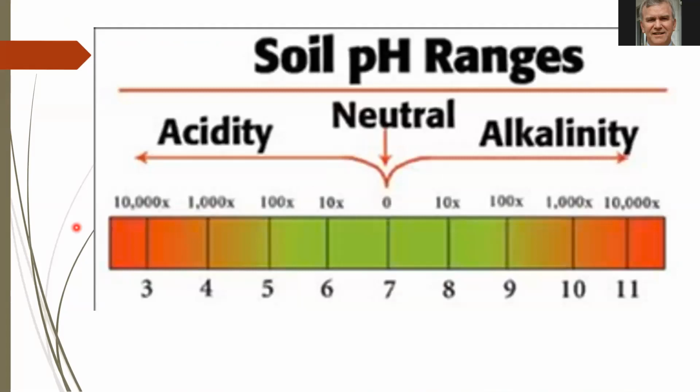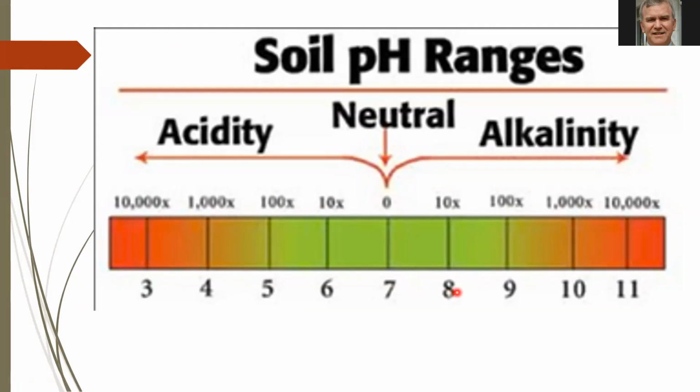Okay. So this next slide is a presentation of soil pH ranges. And Dr. Winu touched on this in presenting the mathematics associated with pH. And just note that starting at neutral, you'll see that going from a pH of 7 to a pH of 8, the soil becomes 10 times more alkaline.